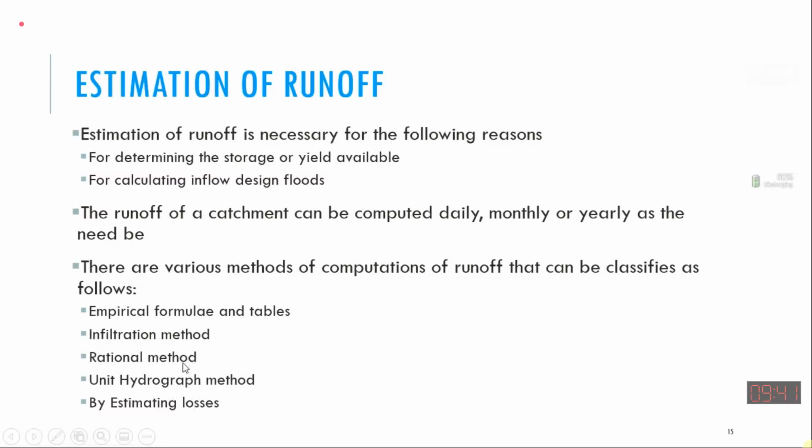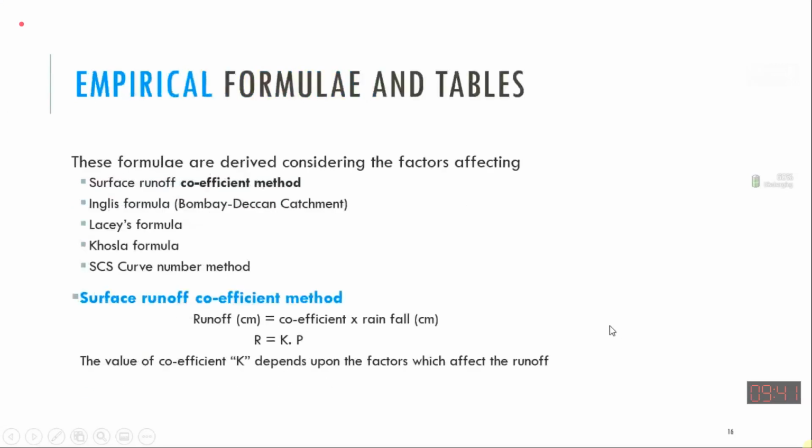Sometimes we say this is a rational formula, it has some logic in it. The unit hydrograph method is quite commonly used, and another method we call the SCS method will be introduced to you. Usually the empirical formulas relate runoff with precipitation with some coefficient multiplied with the precipitation. We say this is a loss coefficient.